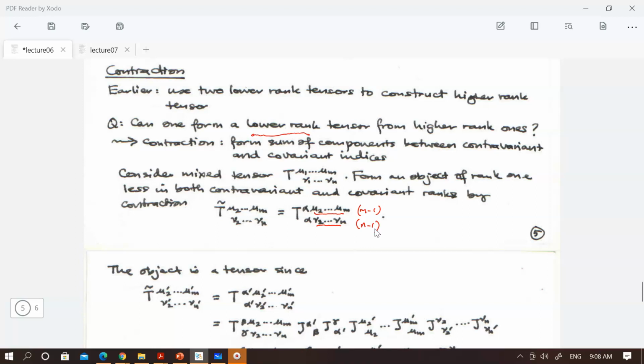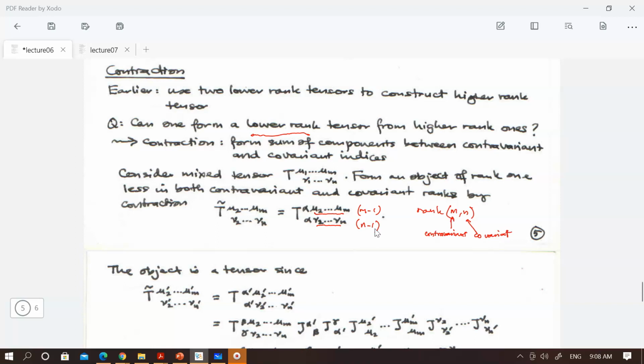Initially it is of rank (m, n), where this is the contravariant rank and this is the covariant rank. What we did was to contract one index at the top and one index at the bottom.